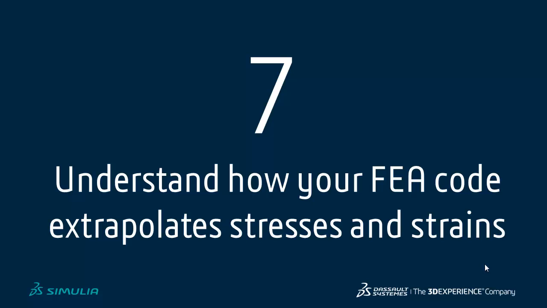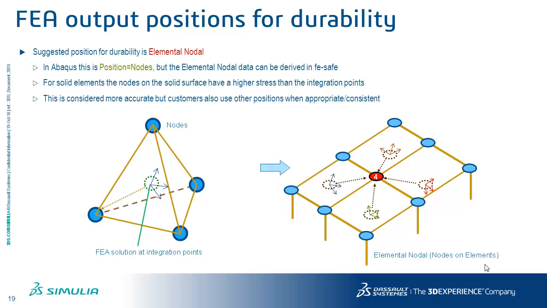All right. So number 7 is to understand how your FEA code extrapolates stresses and strains for the fatigue calculation. We got a lot of questions regarding what kind of location option to use when FE-Safe reads in the FEA results for an accurate calculation.